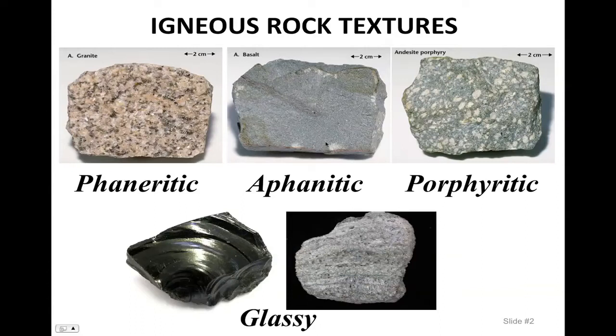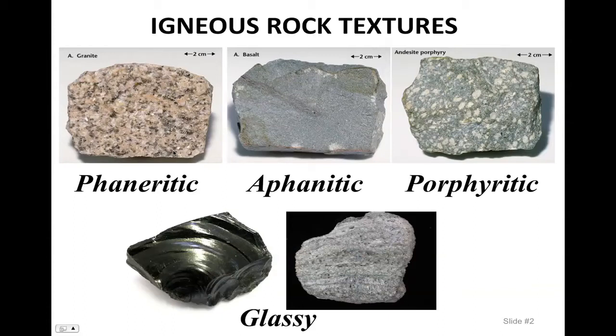Whereas aphanitic means that you have very small crystals in the rock, and they're interlocking. For both of these, the phaneritic textures and the aphanitic textures, including granite and basalt, the crystals are all interlocked as they cooled. This cools very quickly in comparison to granite. We've talked about the cooling speed of granite already.